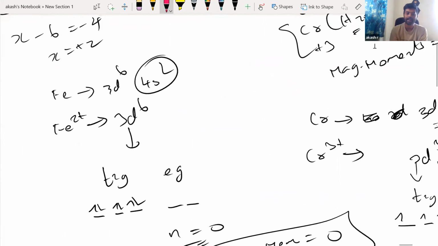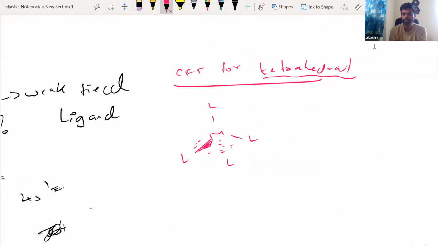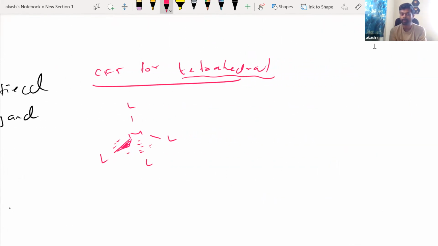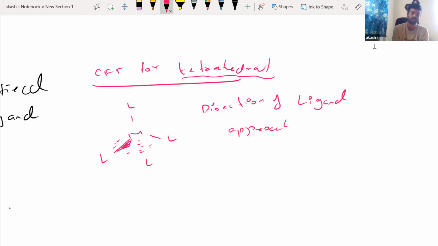Now, in tetrahedral complexes, maybe it will be a little difficult for me to show it in 2D for you, but all that you can understand is that the direction of ligand approach is in between the axis.